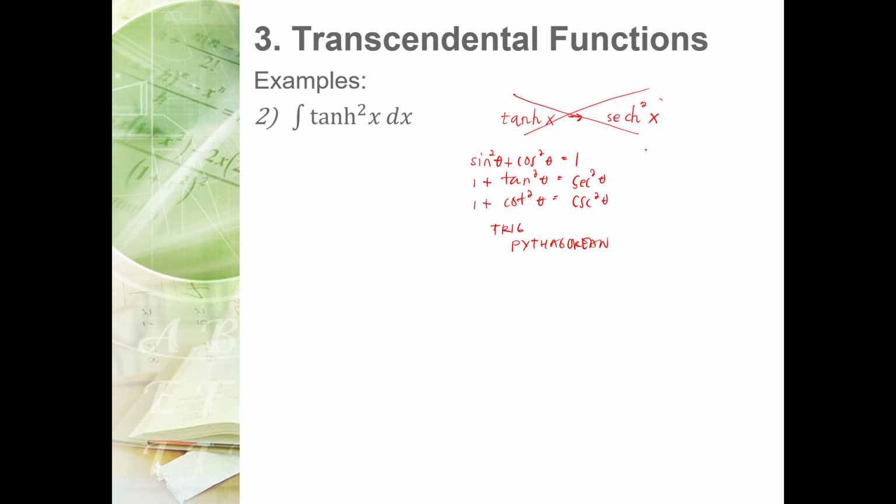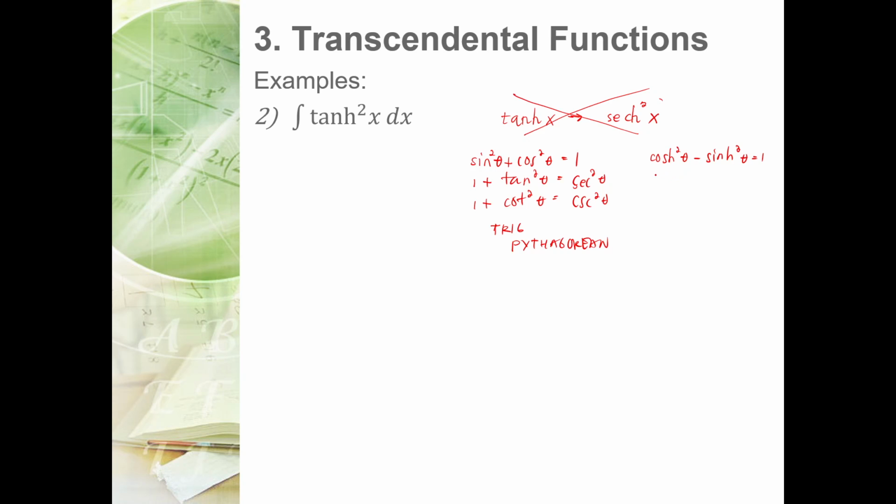For your hyperbolic functions, they are in the same format but only the signs change. So we have cosine squared theta minus sine squared theta is equal to 1.